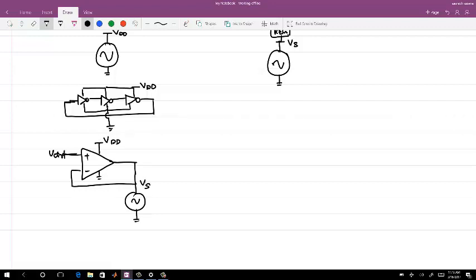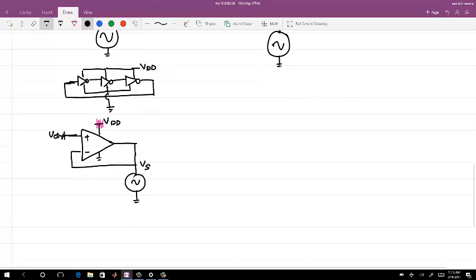This is VS. Here the supply regulation for this VCO depends on the supply regulation of the amplifier. But the problem with this kind of amplifier was that all the current going into the oscillator has to come from the amplifier. It puts a higher current requirement on the amplifier, maybe 5 times more than the current you consume in the oscillator.